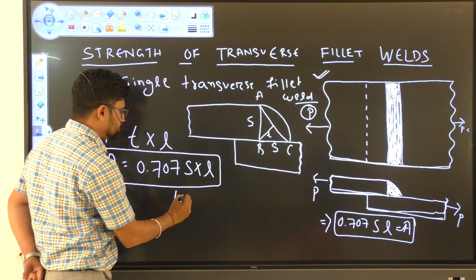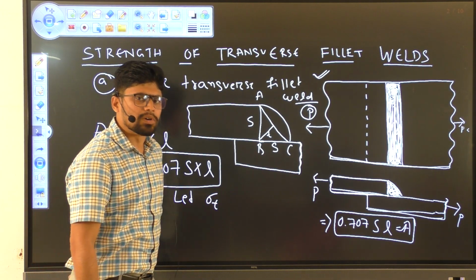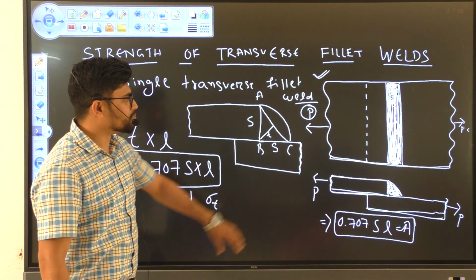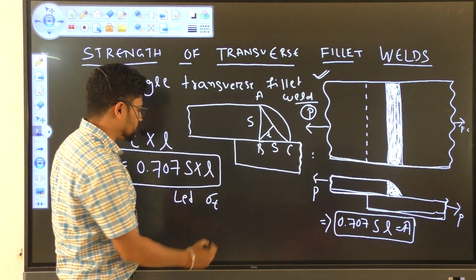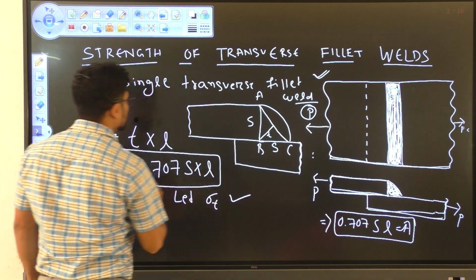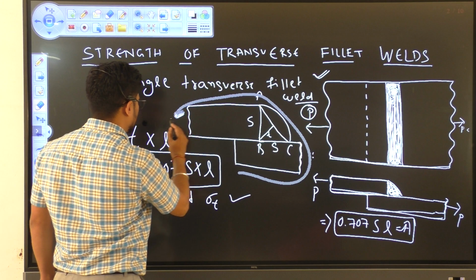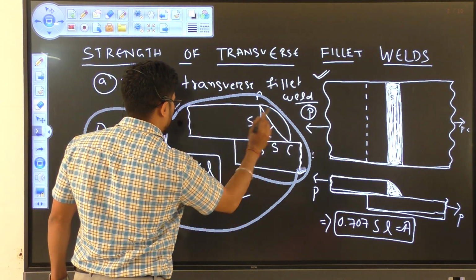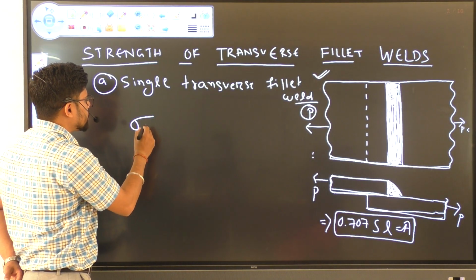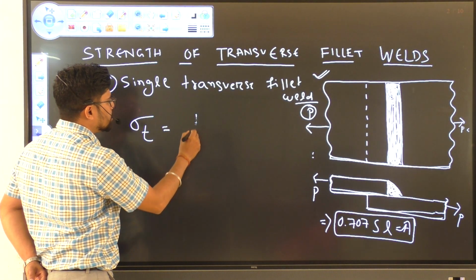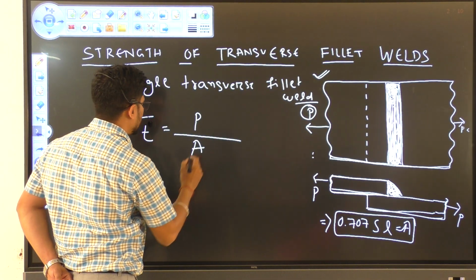Let sigma T be the allowable tensile stress that this particular single transverse welded joint is going to sustain. So we know stress is nothing but resisting force per area.